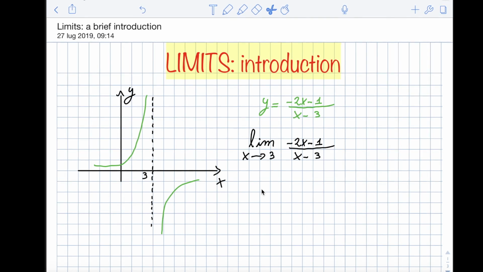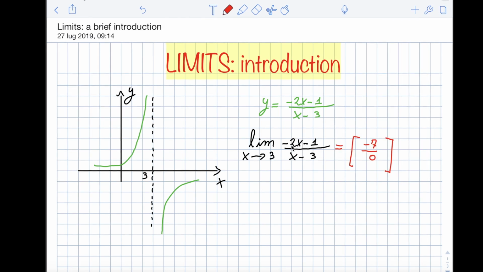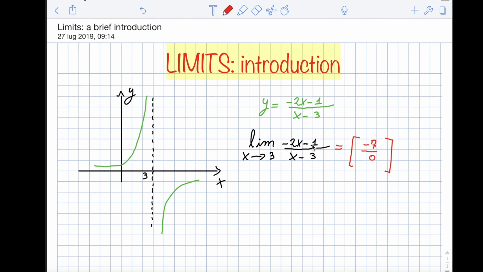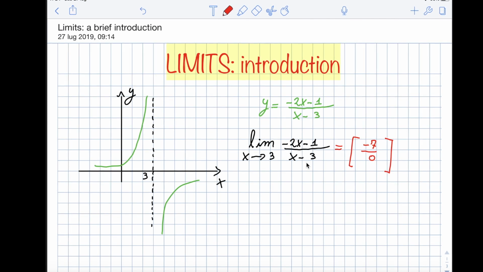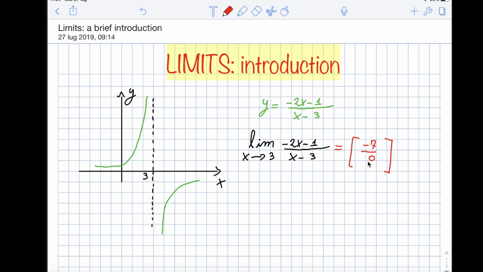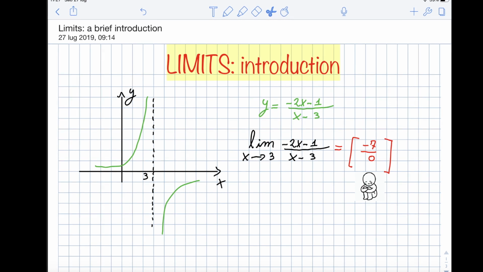If you try, you see that minus 2 times 3 is minus 6, minus 1 is minus 7, but the denominator is 3 minus 3, which equals 0. Of course we don't like it, because we don't know what the answer is, since division by 0 is problematic.